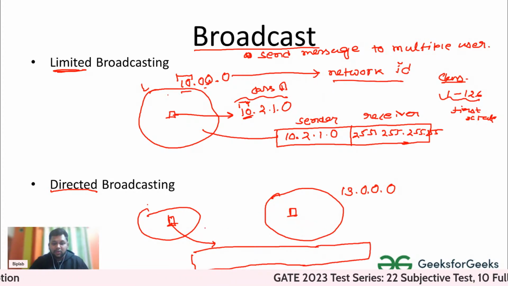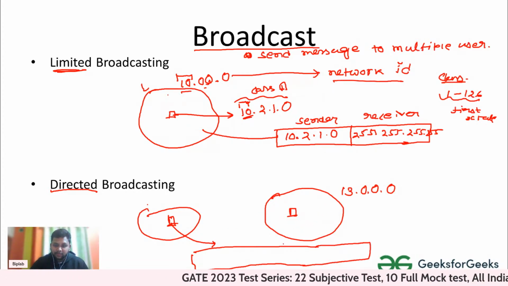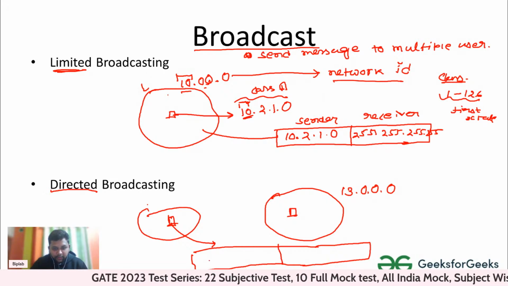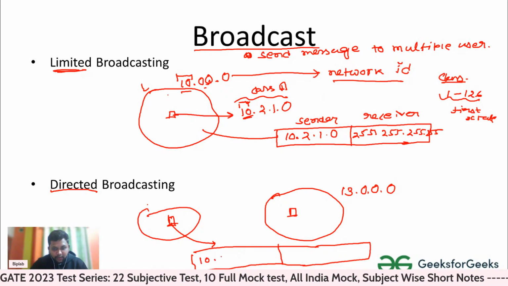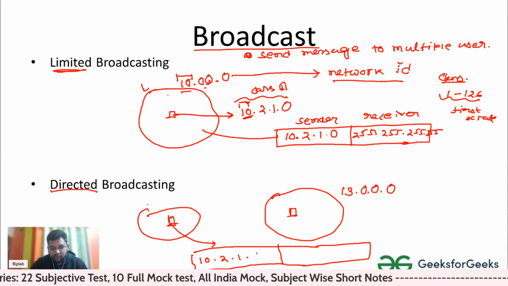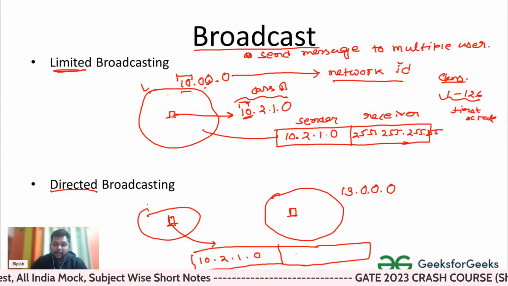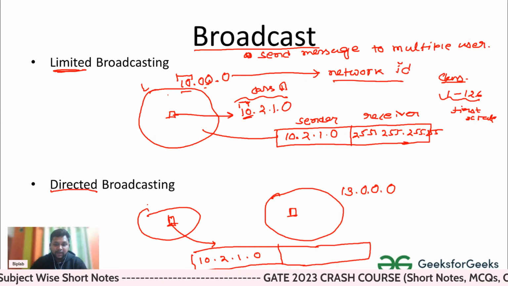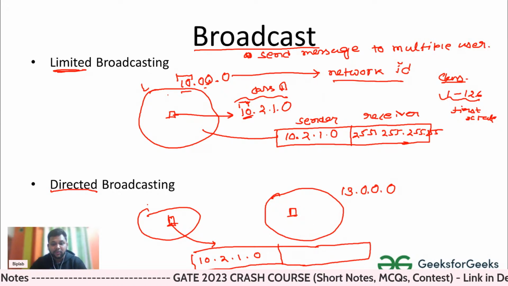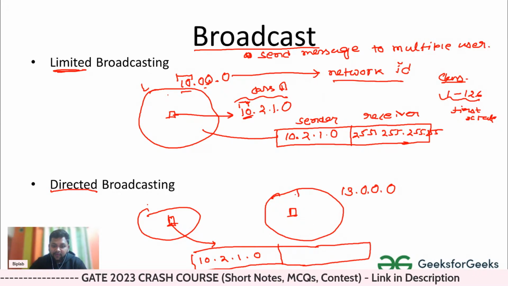So you will send the data to this different network. Here you will put your IP address 10.2.1.0 as the sender. And in the receiver address, you don't want to send to any particular person. You want to send to everyone in the network.